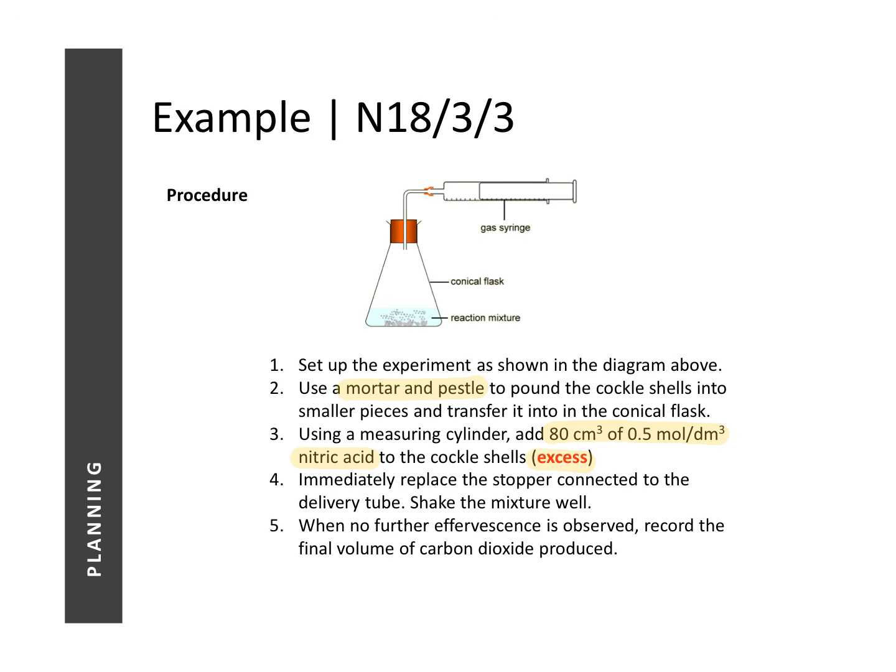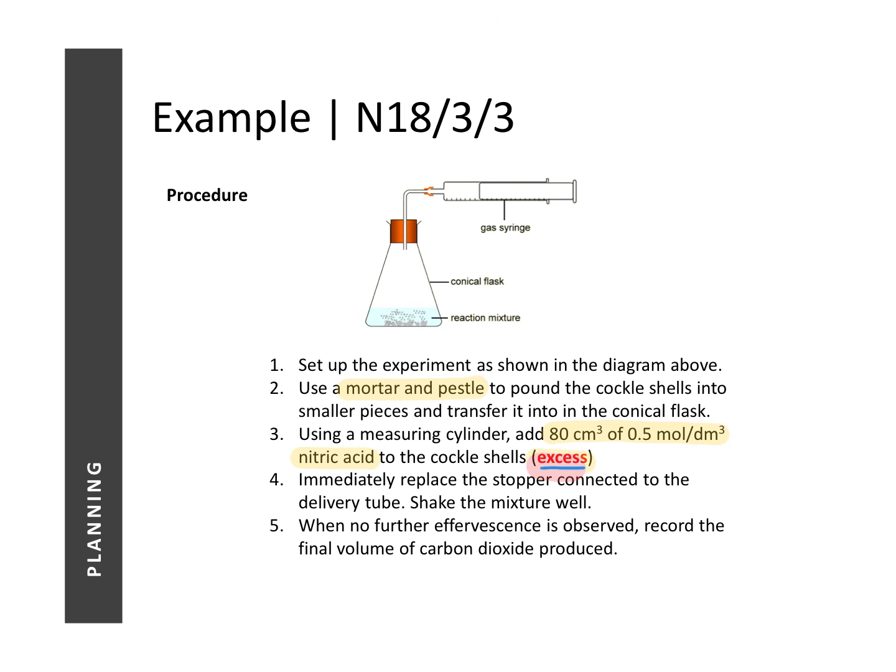The only thing that's important is that you indicate to the examiner that you know you need an excess of acid. Why do you need an excess of acid? It is to make sure that all the carbonate is reacted, so the volume of CO2 is proportional to the amount of carbonate present.